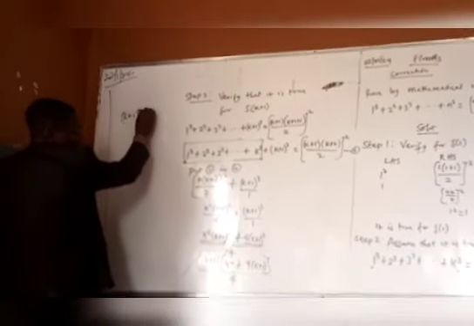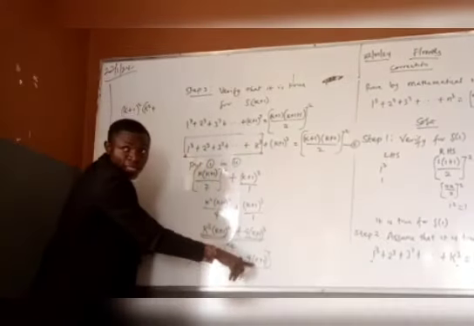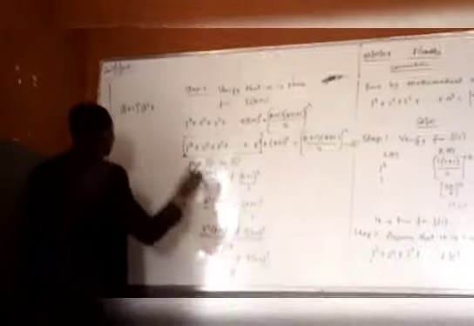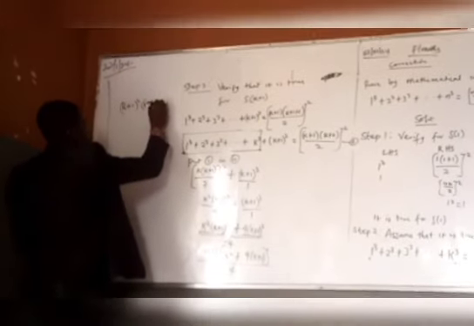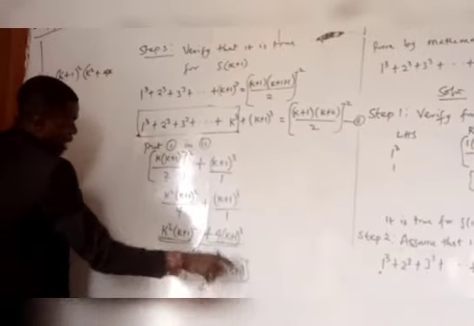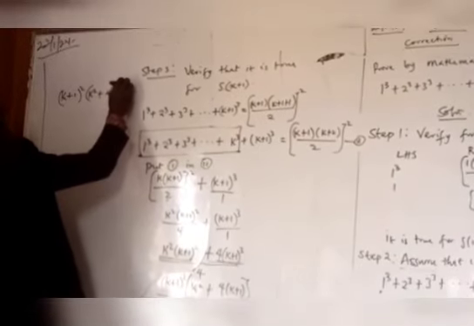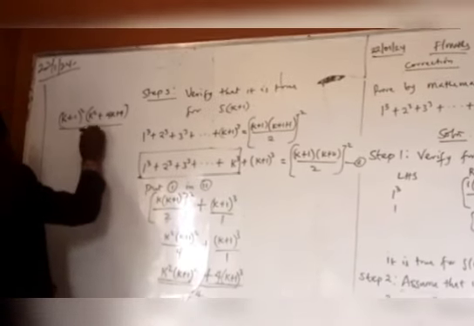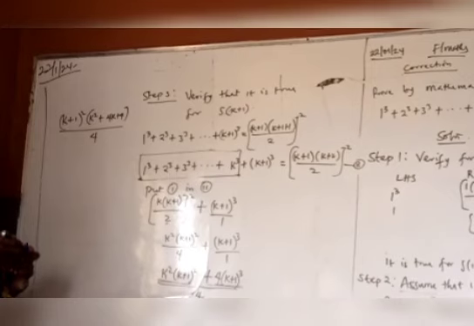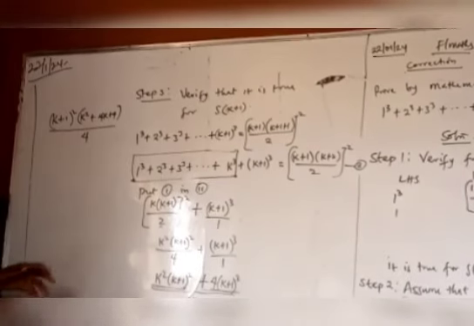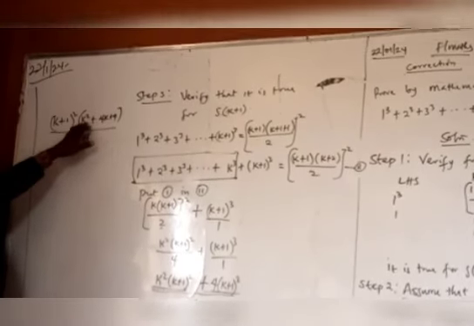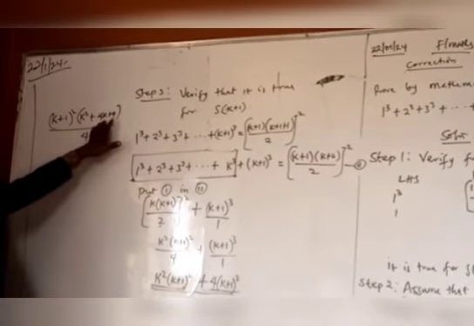So this will give me (k plus 1) all squared, then we have k squared plus, expanding this now, 4 times k is 4k, 4 times 1 is 4, over 4. From what you have learned in quadratic equations so far, you will know that this is a perfect square.